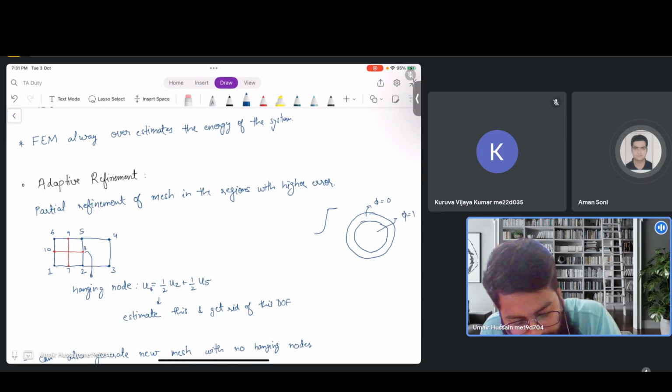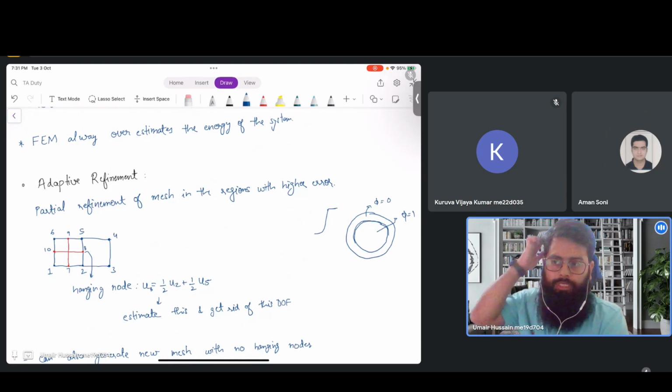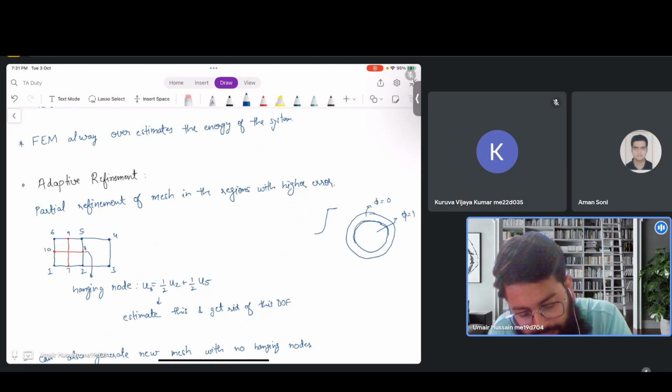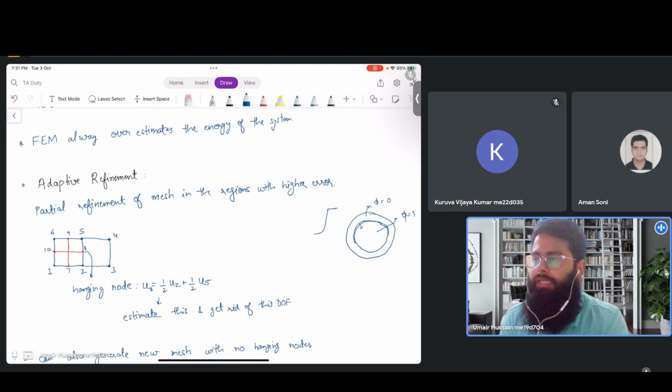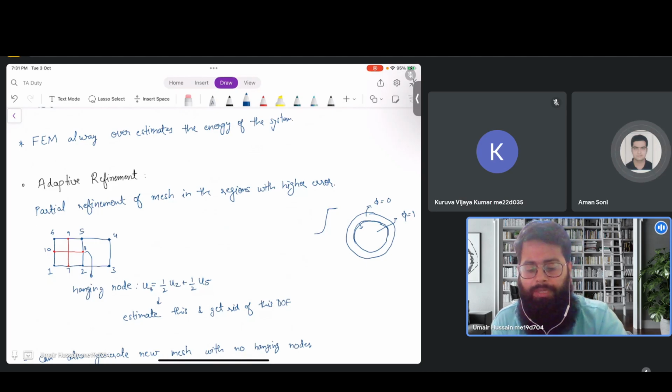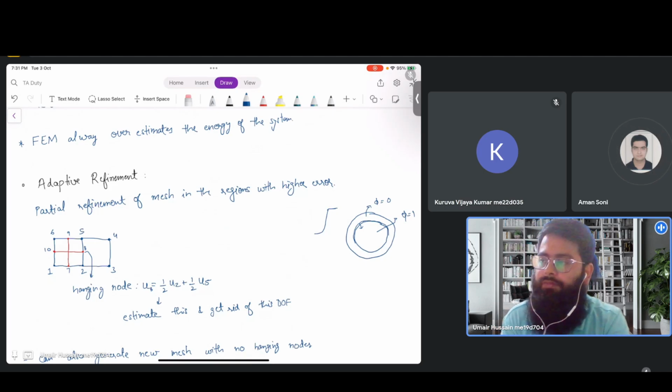This interface has a very small width, so we need more accuracy in this area. It keeps on moving. As it moves, if we apply adaptive refinement, the mesh gets refined along this interface, and as it moves inward, that mesh again gets coarsened.